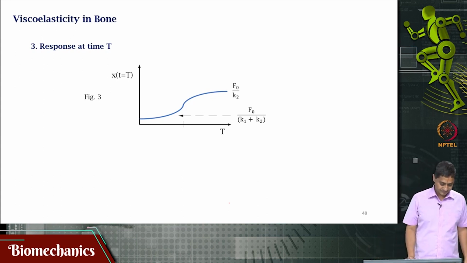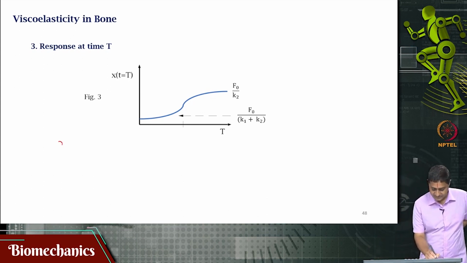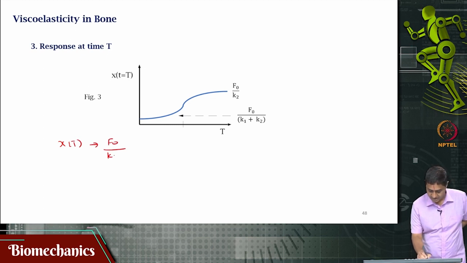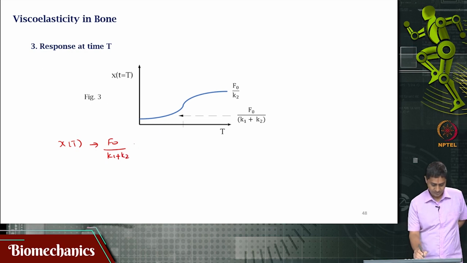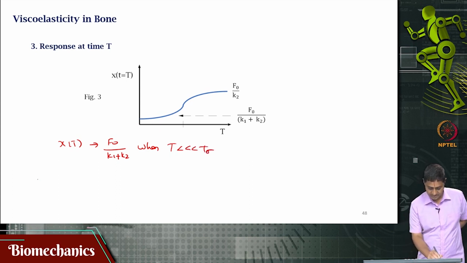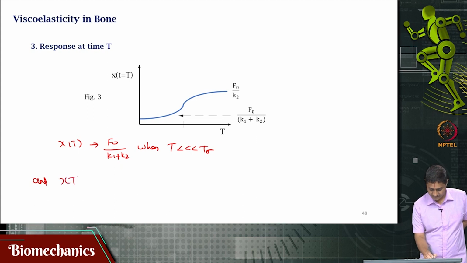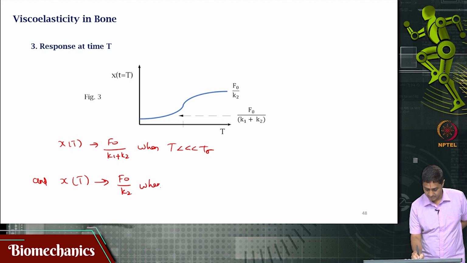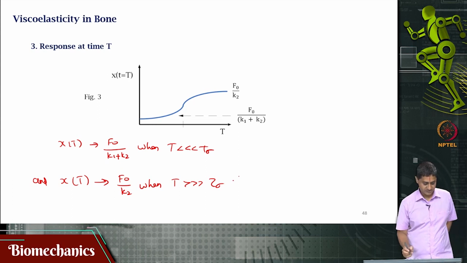So in these limits, x of capital T is f naught divided by k1 plus k2 when capital T is much smaller than tau sigma, and x of capital T is f naught divided by k2 when capital T is much greater than tau sigma.